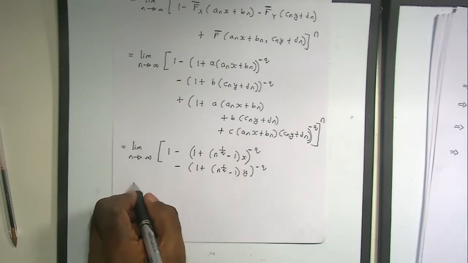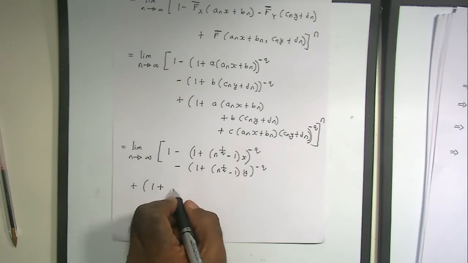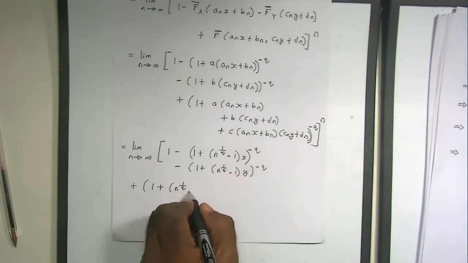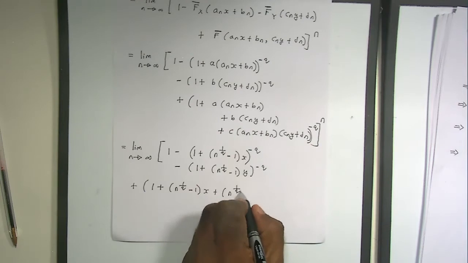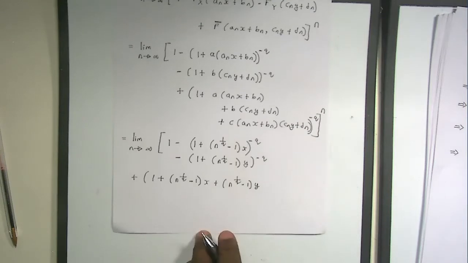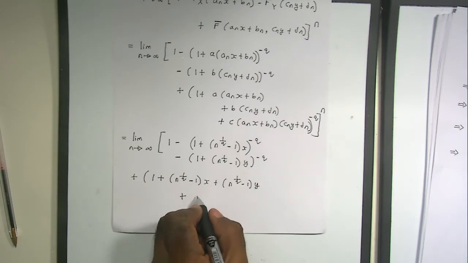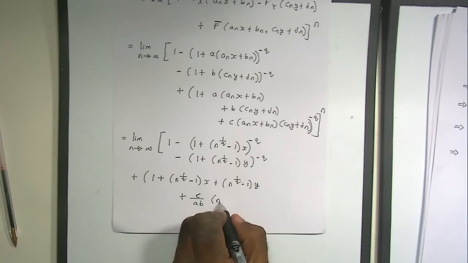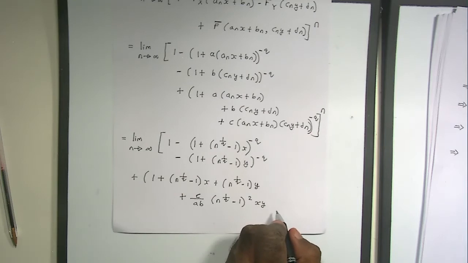It's going to be plus 1 plus n, and then in cn, which is c divided by ab times square xy.